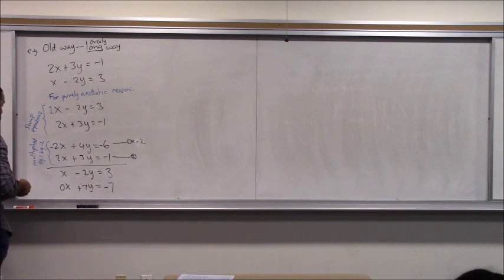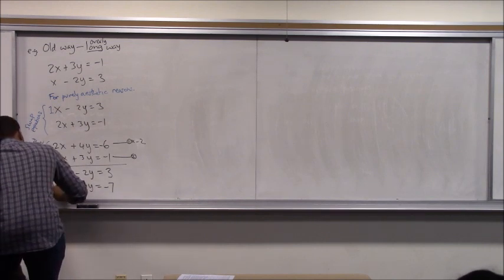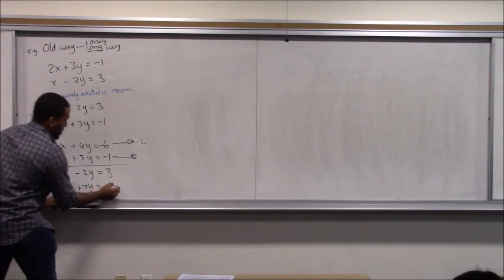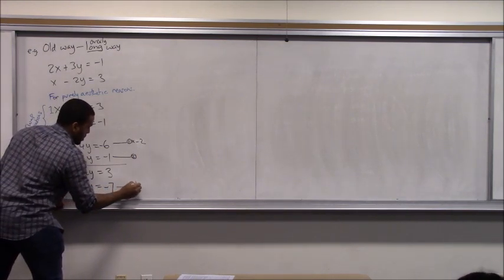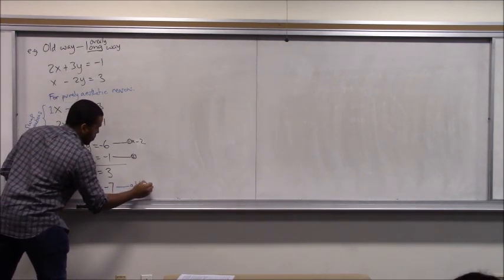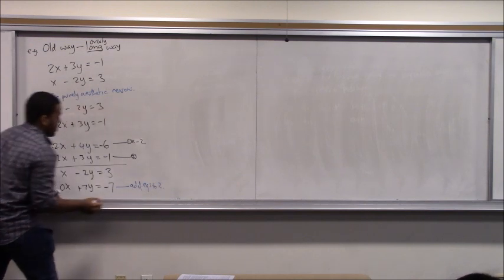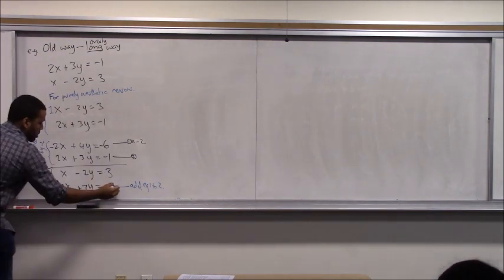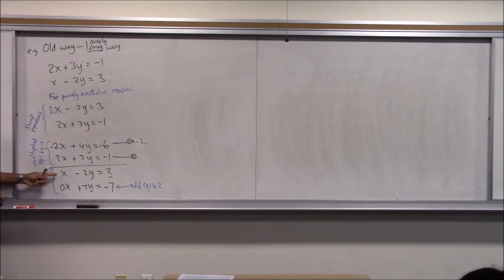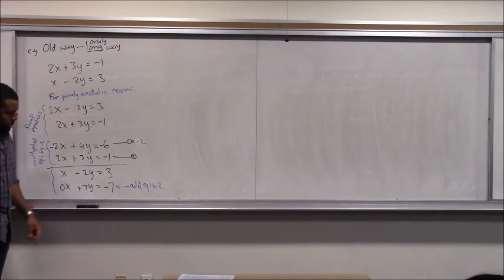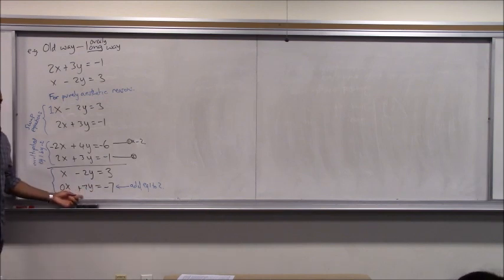So what I did here was add equation 1 to equation 2, and I put the result in the second, keeping the first one tagging along the whole time. Now what you can notice is that here I have 0x plus 7y equals minus 7. I can solve that for y right away.